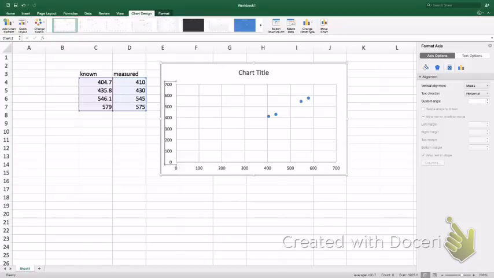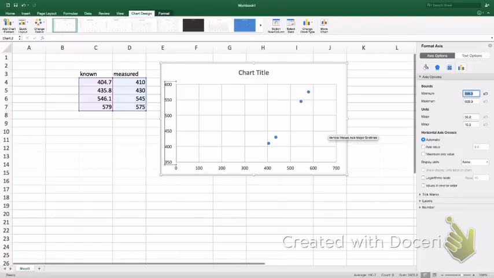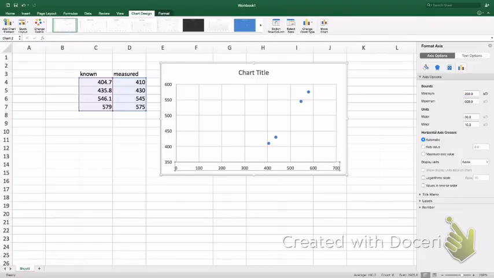Axis options. I don't want it to start at 0 because I can't see much on my graph. So I'm going to start it at 350, and then I'm going to start this one at 350 as well. The reason I'm choosing 350 is it's slightly smaller than my lowest value. Okay, like that. So those are the data points.